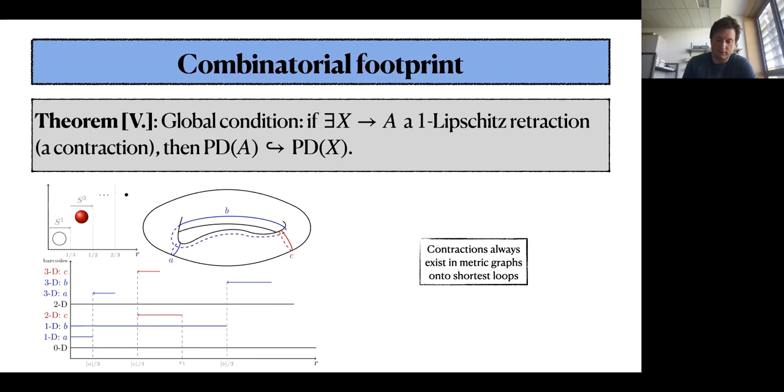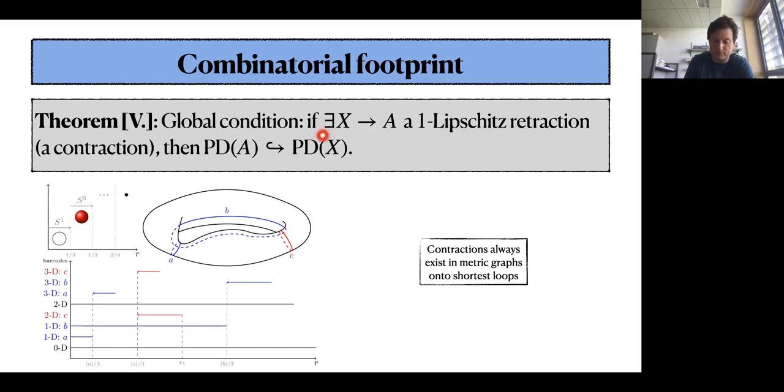For example, a map like this actually gives you a one-Lipschitz cohomology element in first-dimensional cohomology. And because it's one-Lipschitz, it's actually a perfect representative for circular coordinates. There are papers that are using circular coordinates. And if you want to have circular coordinates that are as stable as possible, you might be interested in such maps.